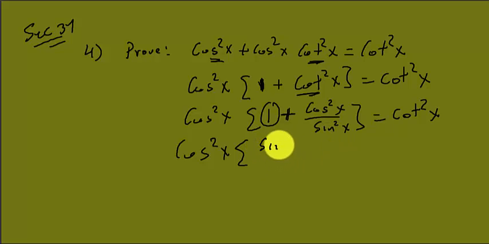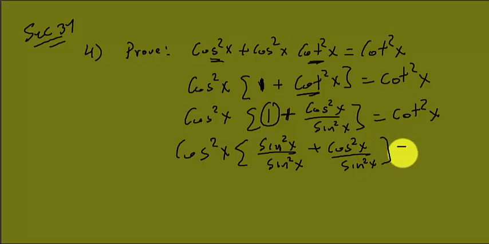So I'm going to write that as sine squared x over sine squared x plus cosine squared x over sine squared x, and that's equal to, might as well just write the right hand side as cosine squared x over sine squared x, so we can make it easy on ourselves.